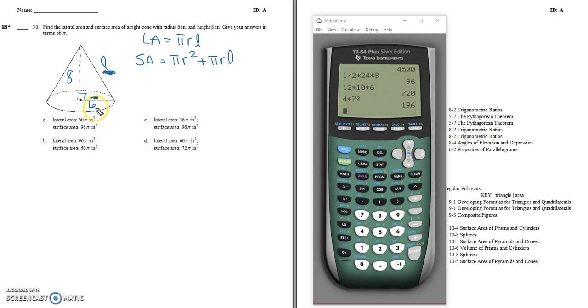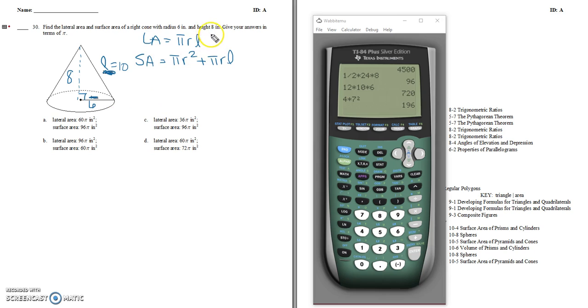I'm not going to use Pythagorean theorem because I recognize this as a triple. 6, 8, and the slant height is 10. If you want to use Pythagorean theorem, feel free. But I would take time to memorize those Pythagorean triples. 9 times out of 10, you're going to see those used on any single standardized test, like SAT, ACT.